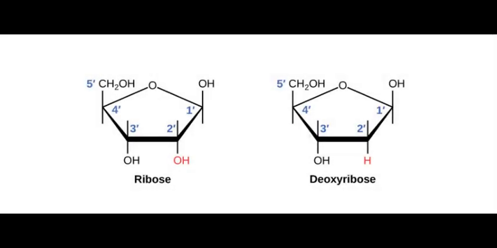In the previous picture, I showed you the basic structure of DNA. So basically, we had the nucleotides, and we know that nucleotides are made of a base, a phosphate, and a sugar.